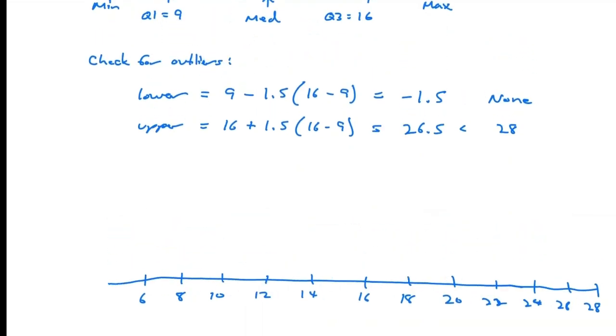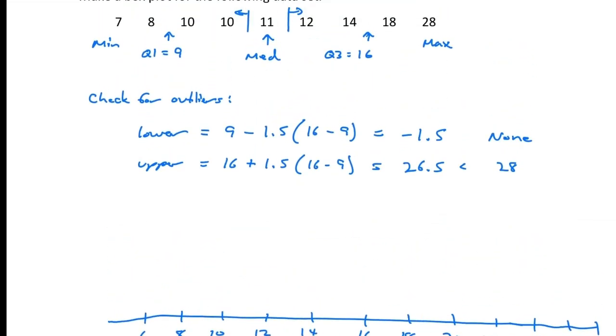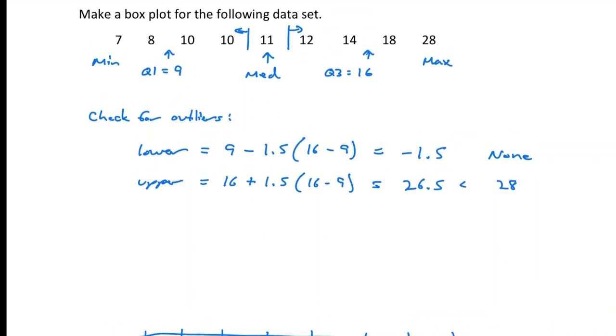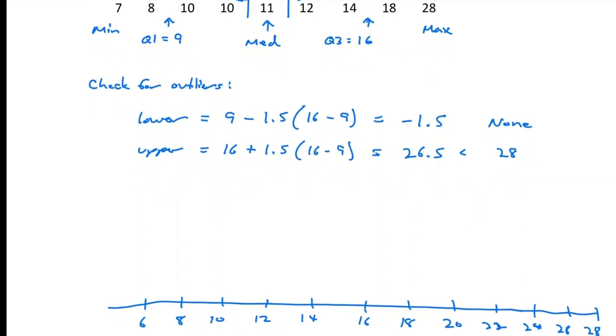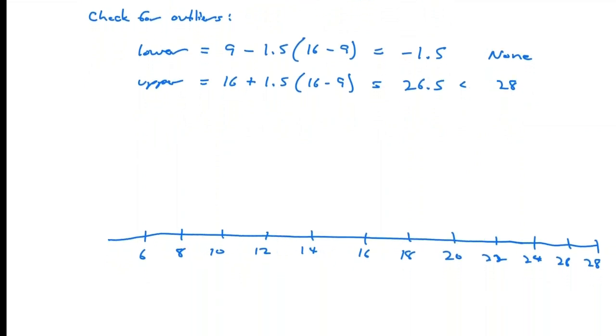Clearly should have done a little bit smaller there, but that's okay. All right. Now you can do this however you want. I tend to like to make the box first and actually start with kind of the end. So Q1 and Q3. Q1 is 9. Q3 is 16. So here's 9. Here's 16. And so connecting those two gives us the box of our box plot.